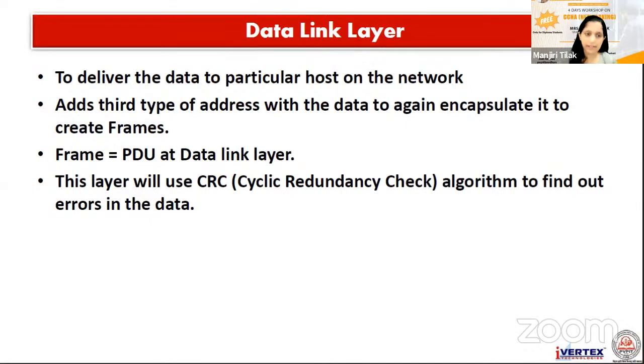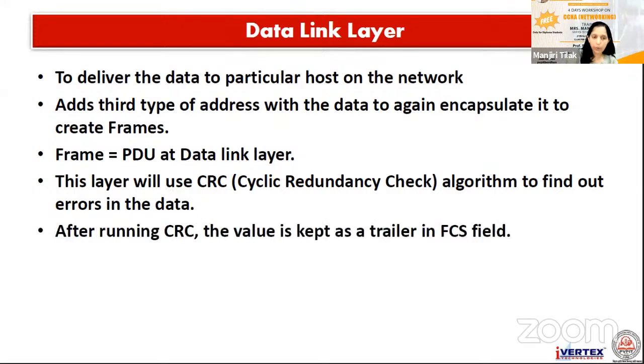Data link layer does that with the help of cyclic redundancy check. So once data link layer adds the header with the data, meaning whenever your packet is converted to frame, data link layer will run the CRC algorithm on the data, and it will calculate one checksum, which is known as the frame check sequence, right?